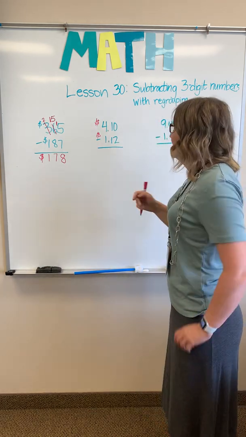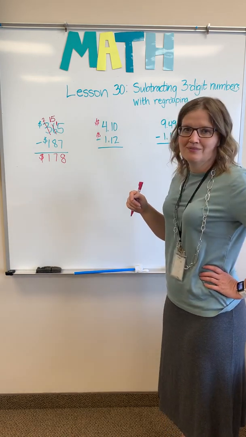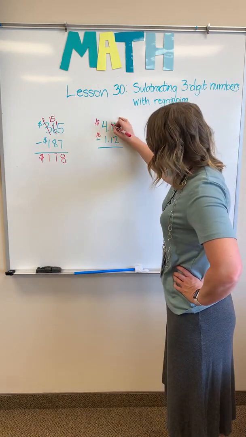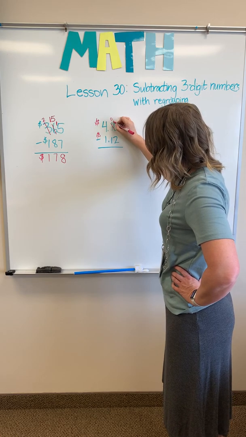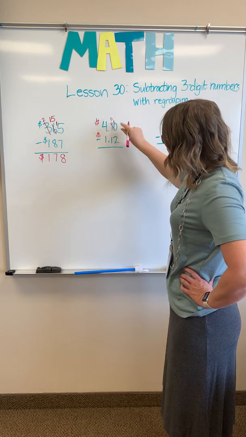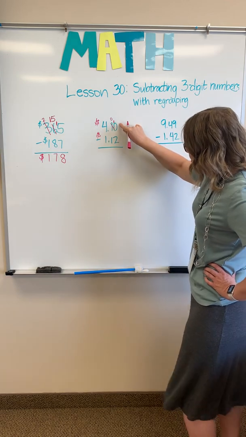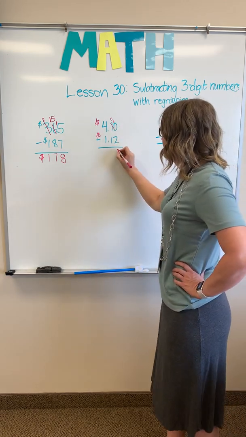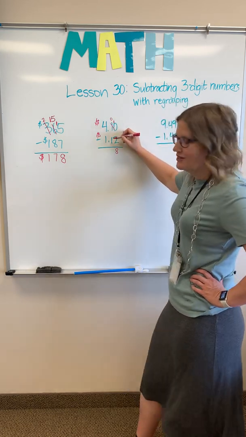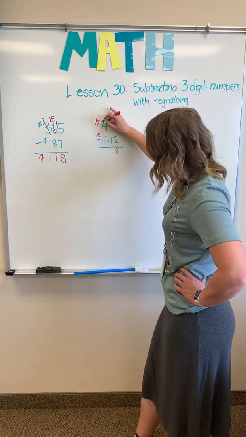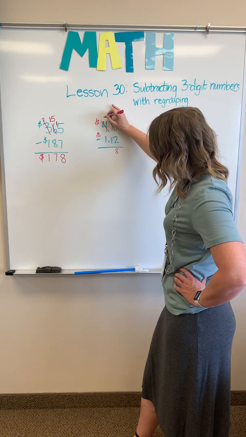And I'm looking at this already and I'm thinking, really? Time to exchange. We're going to put this as a 0, and we're going to transfer a group of 10s over. So we have 10 ones minus 2 is 8. 0 minus 1, we can't do that. So we've got to go over to the 4.